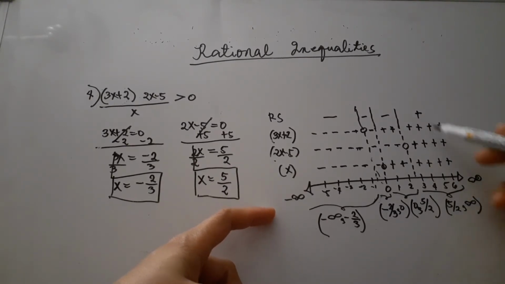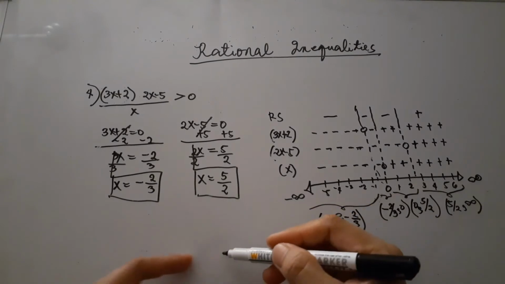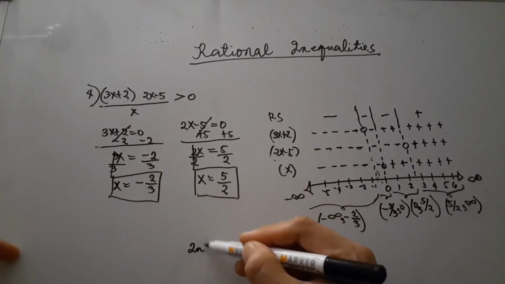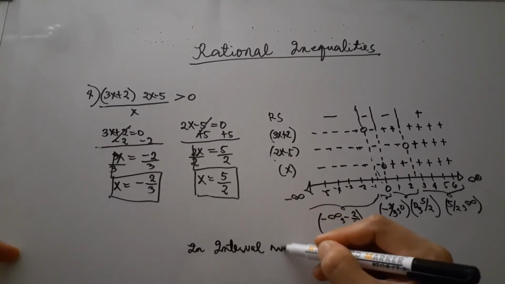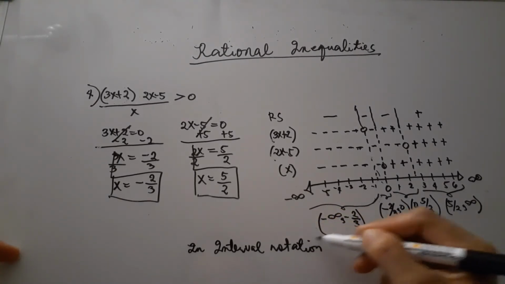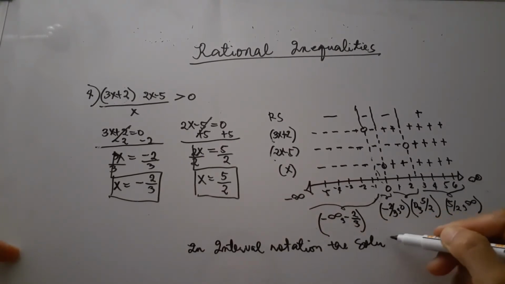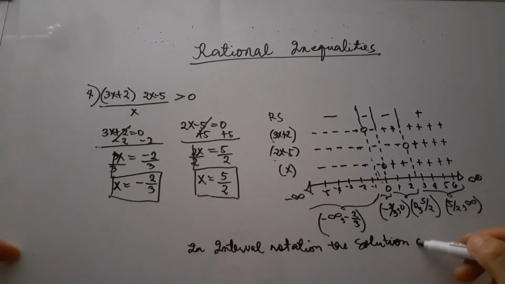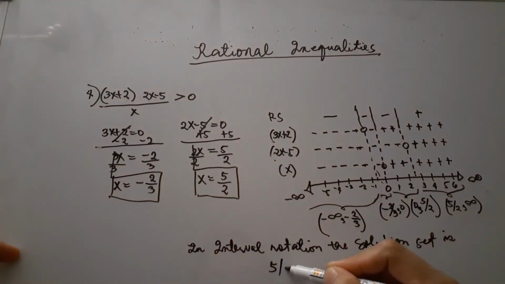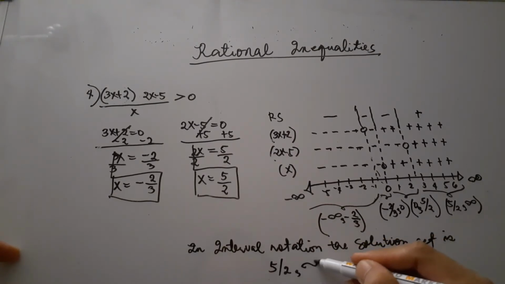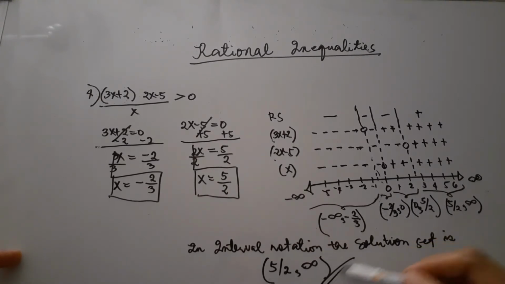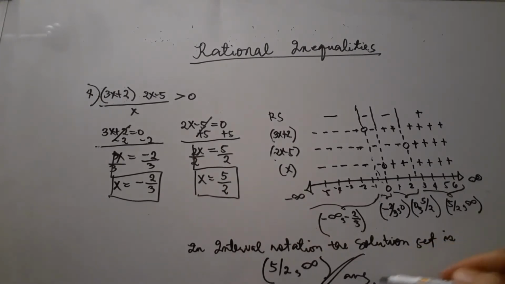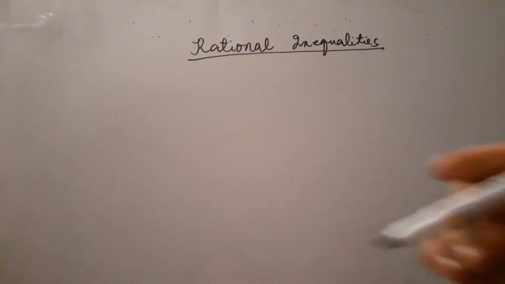Since positive is greater than 0, in interval notation, the solution set is 5 over 2 to positive infinity, and this is the answer.